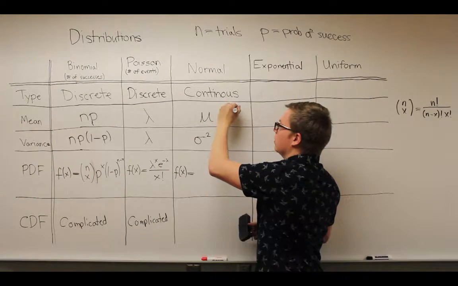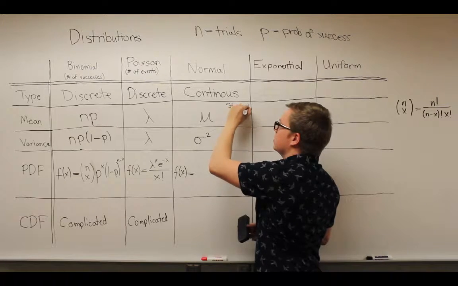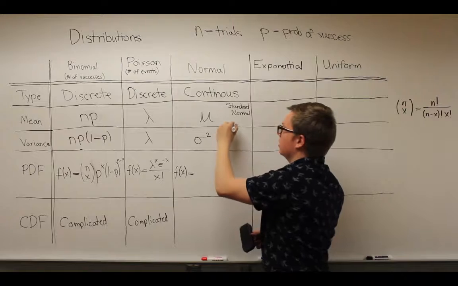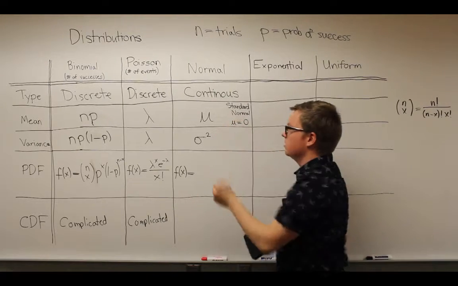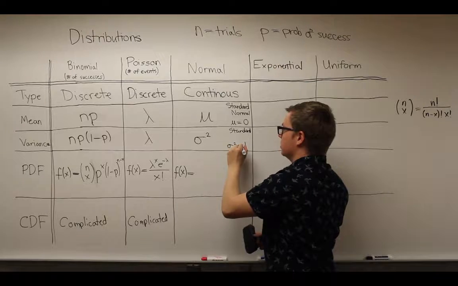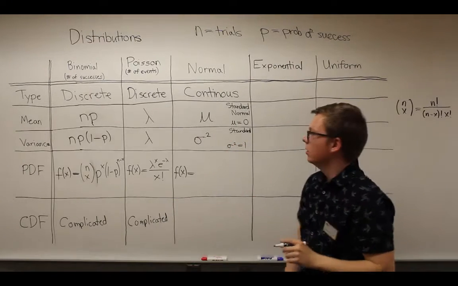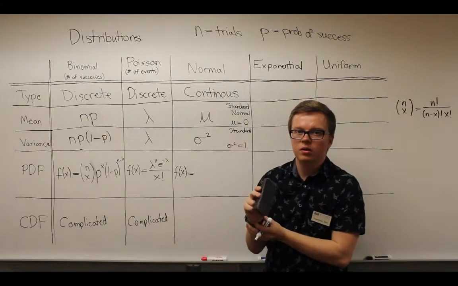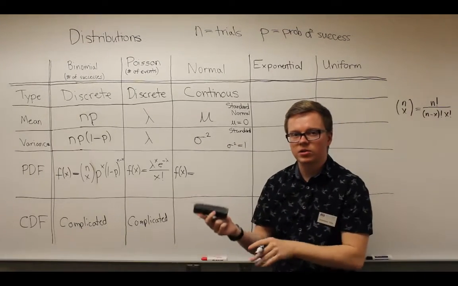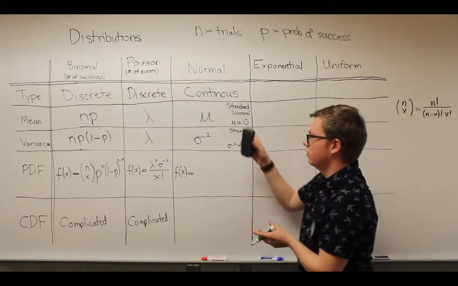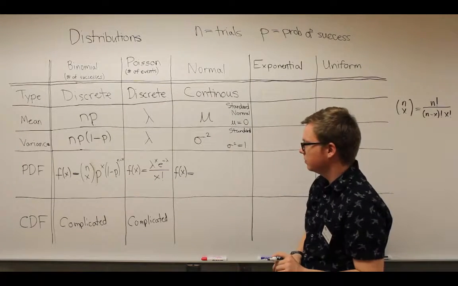Of particular importance is the standard normal distribution, which has mean 0 and standard deviation and variance 1. This is the distribution you encounter when you are working with a normal distribution and you find a z-score. That standardizes it, so you have this mean and variance.